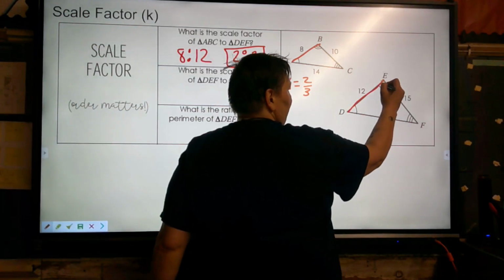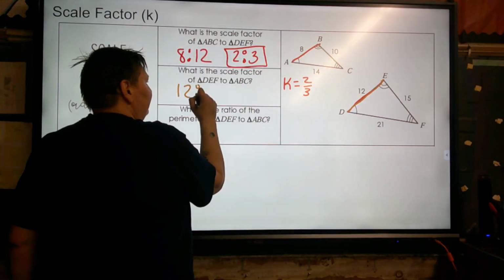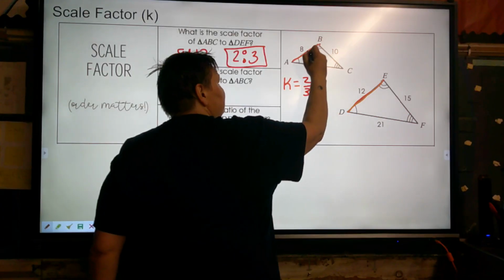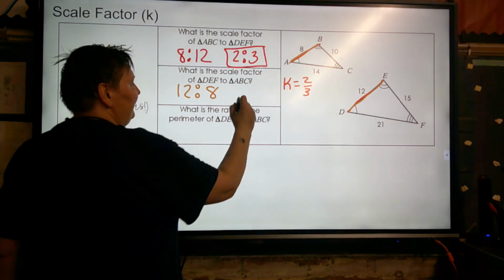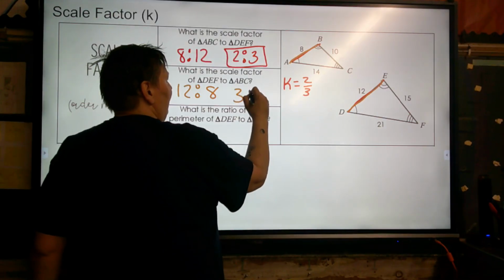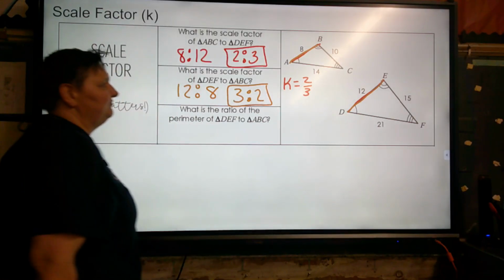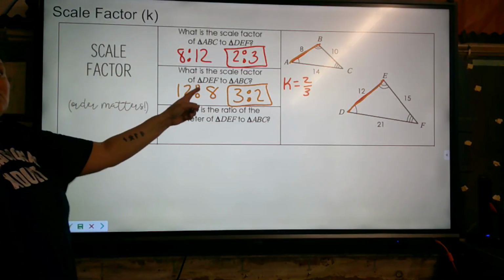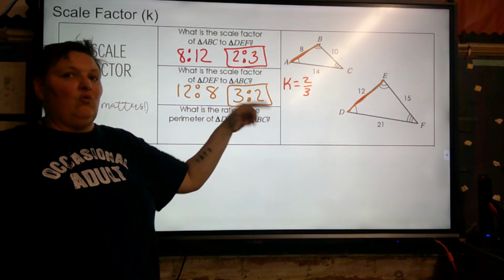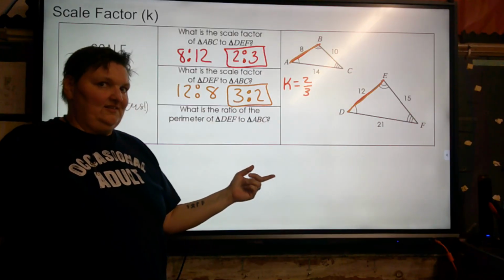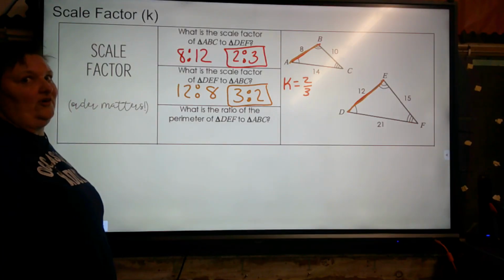So this time we're going from this triangle, 12, to this triangle, 8. Simplify it again. This time our ratio is 3 to 2. This is why order matters, because your answer is going to come in the order you did it. So if you have to start with the bigger triangle, you need to start with the bigger triangle.